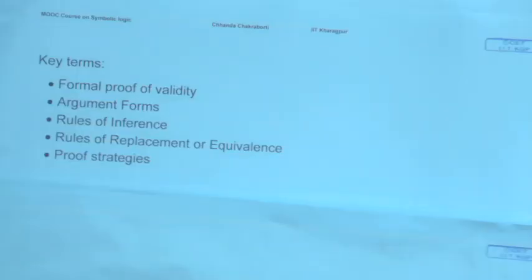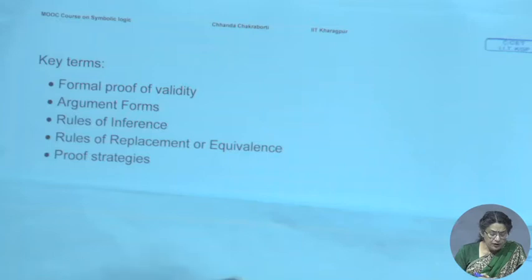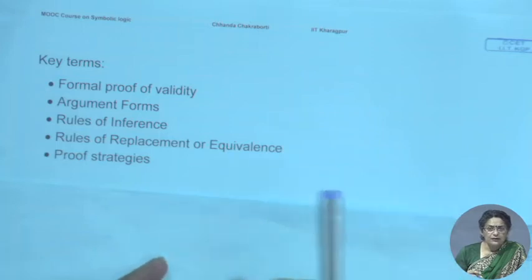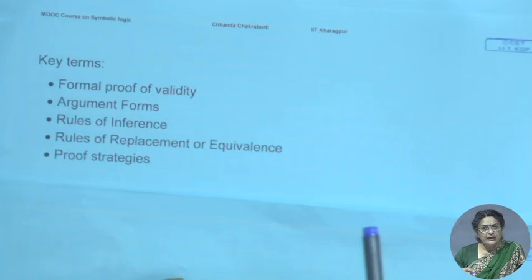When we learn formal proof of validity, there are some key terms, and you will ask yourself whether you have understood them or not. We are not going to cover all of them today, but some of the basic ones, which is why it is divided up over the modules, so that the lecture remains interesting.